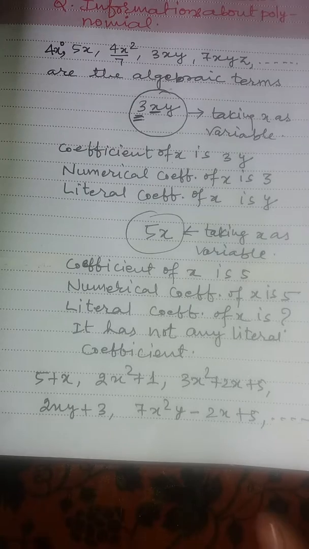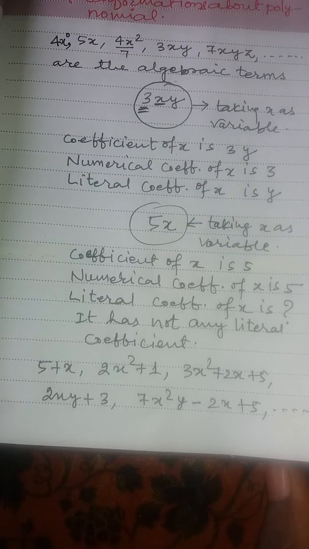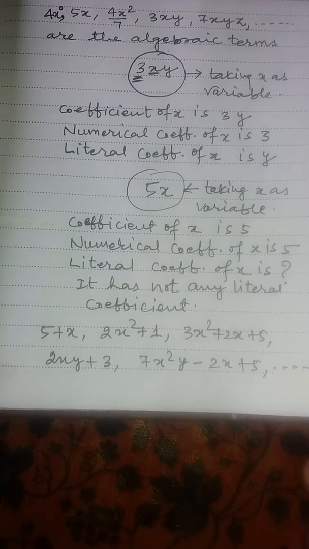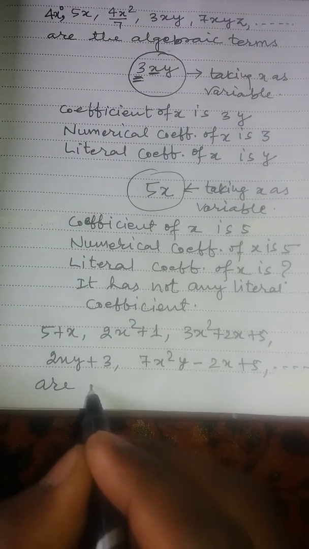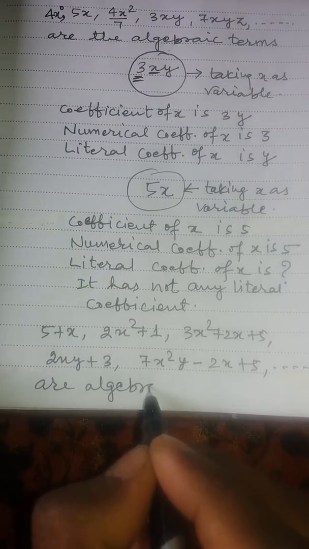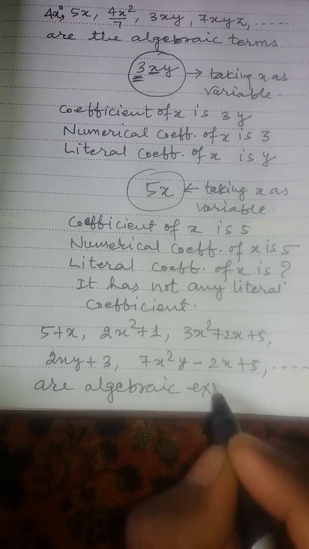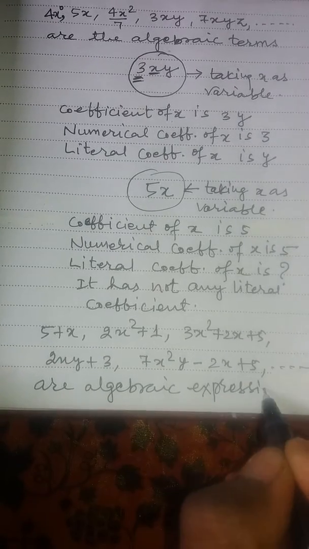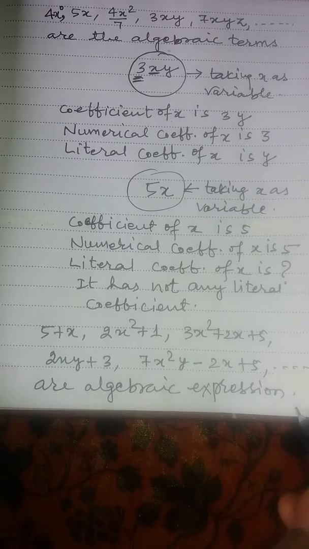All are combinations of two or more than two algebraic terms. Then they are called algebraic expressions. Means you have understood the meaning of terms and the meaning of expressions.